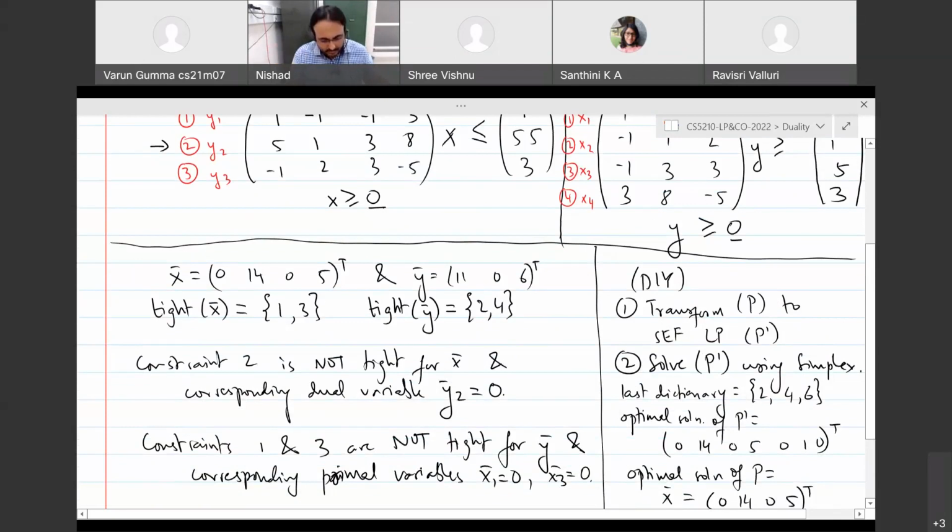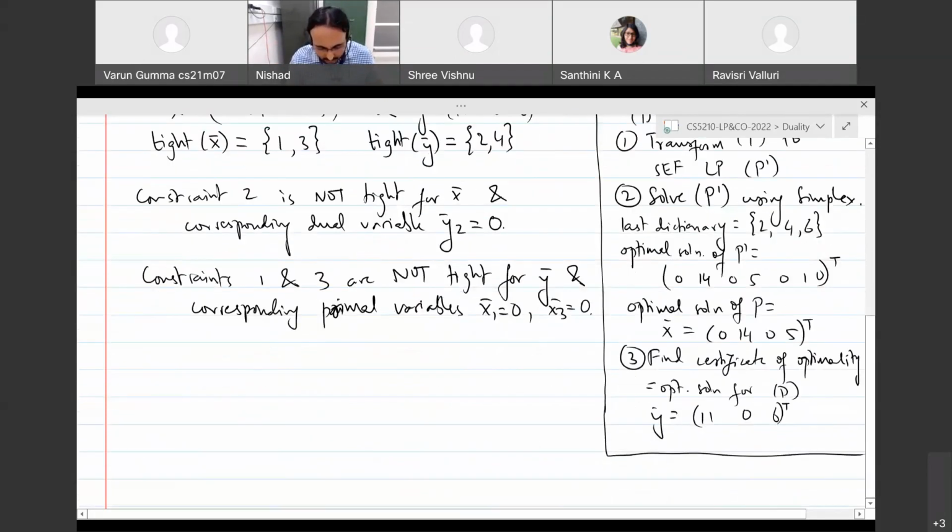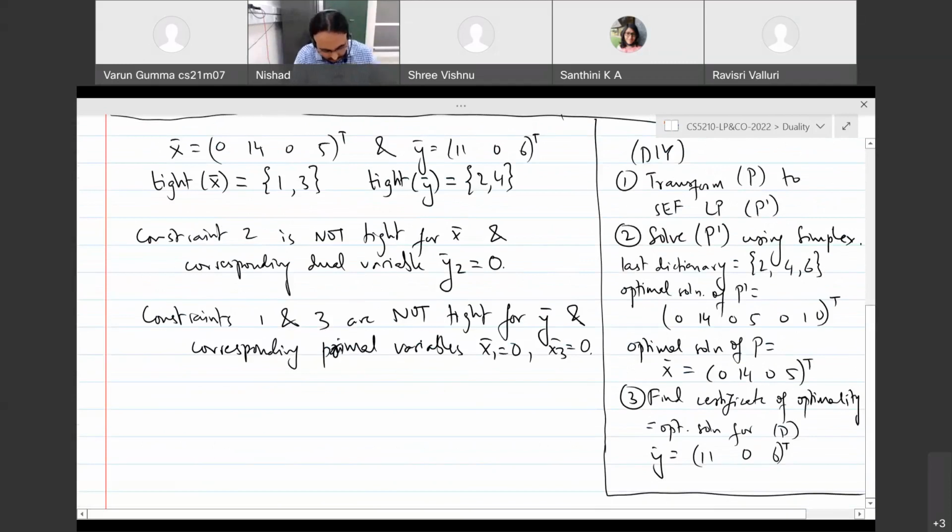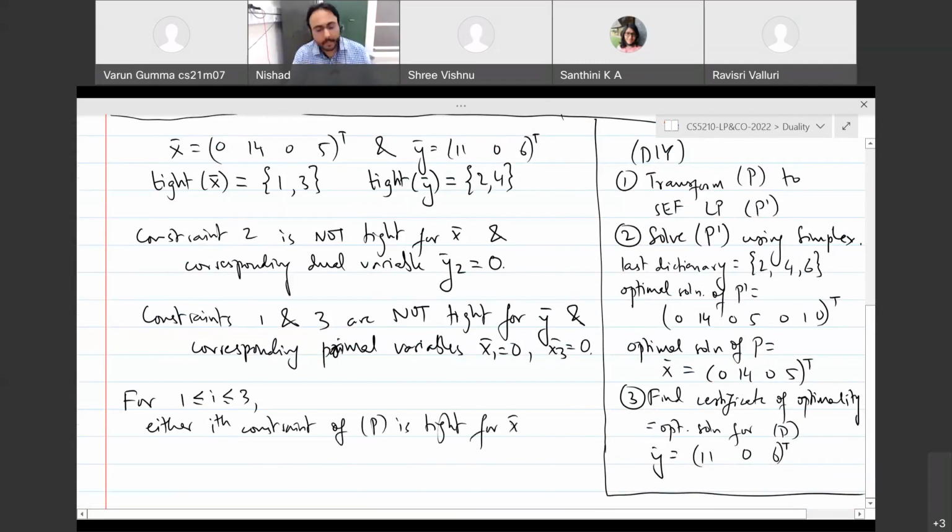In other words, I also want to introduce some notation. For the three constraints of the primal, either the ith constraint of the primal is tight for x bar, or the dual variable y i bar is equal to 0.